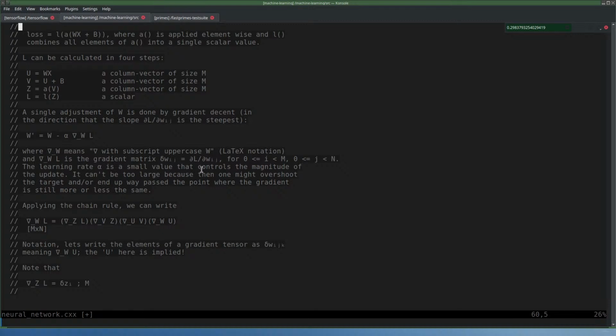Alpha is a small value that controls the magnitude of the update. It can't be too large, because then one might overshoot the target and end up way past the point where the gradient is still more or less the same. I mean, if say your valley is looking like this and you are here, then the gradient is this steep.